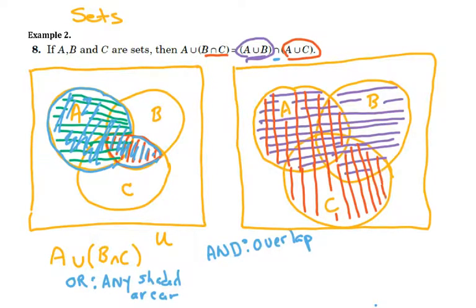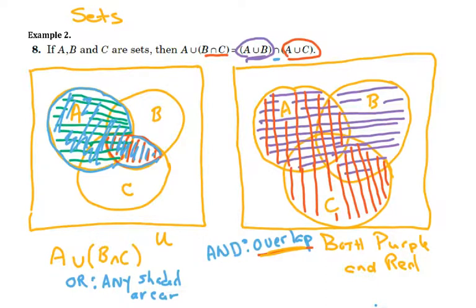Now this picture is a little harder to interpret. We're looking for anywhere that has both purple and red. That's what I mean by the overlap. And if you're using different orientations, you want everywhere with the vertical lines and the horizontal lines.